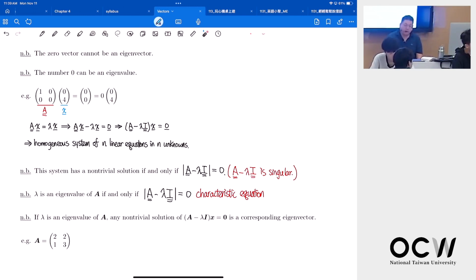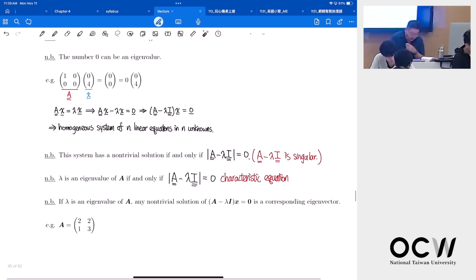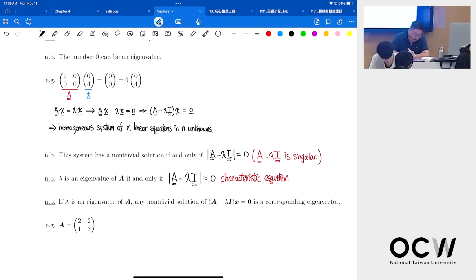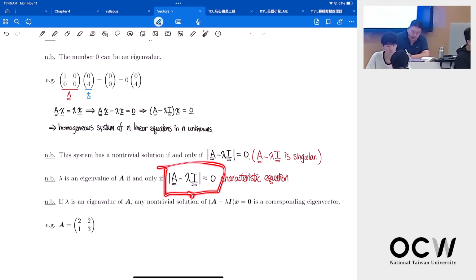For example, if I have a 2 by 2 matrix A, then we want to find the eigenvalues and eigenvectors so that this matrix A times your eigenvector equals the eigenvalue times the eigenvector. First, we need to check the characteristic equation, because I have an eigenvalue if and only if the determinant of A minus lambda I is 0.